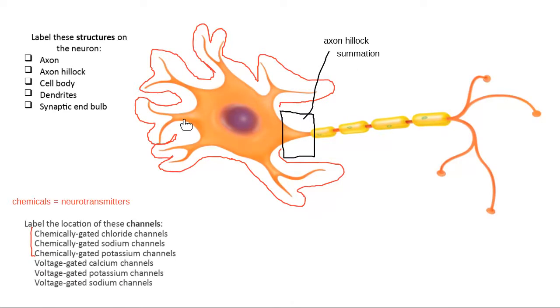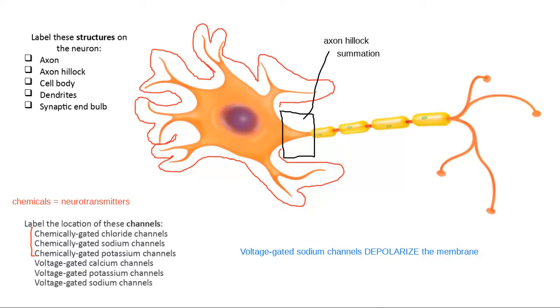Everything up here with my dendrites is all chemically gated channels. When we start talking about voltage-gated channels is right here. I have to hit threshold here at the axon hillock for my voltage-gated channels to open up. In particular, which kind of voltage-gated channel opens to depolarize my membrane? Who makes my membrane charge go up? Yeah, so voltage-gated sodium channels depolarize the membrane.